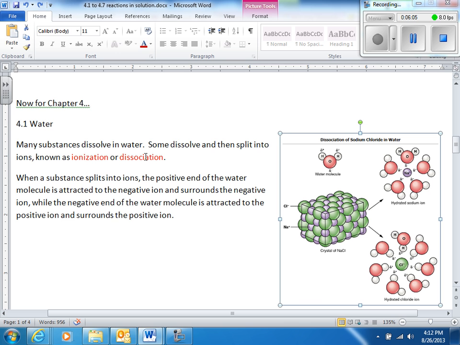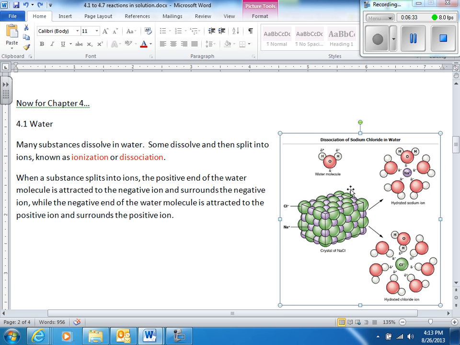And when ionic compounds that are soluble dissolve in water, the water molecules will surround those ions. So here we have a Na+, a sodium ion. So the water molecules surround the sodium ion in the water solution part, and the negative end of the water aligns with the positive sodium ions.